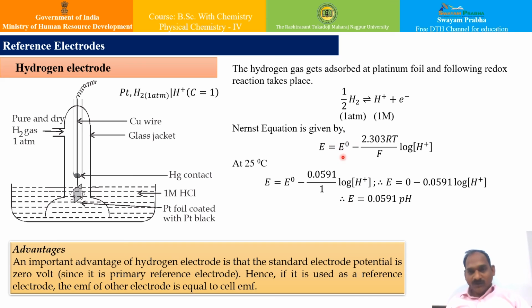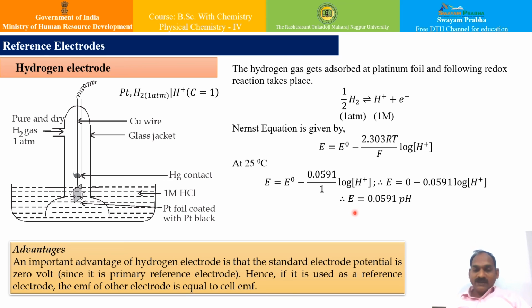Since the standard electrode potential is 0, it becomes E = minus 0.0591 log of H+ ion, which, as we have seen earlier, is E = 0.0591 pH. So if I know the H+ ion concentration of a particular solution, I can find out the EMF of this cell.